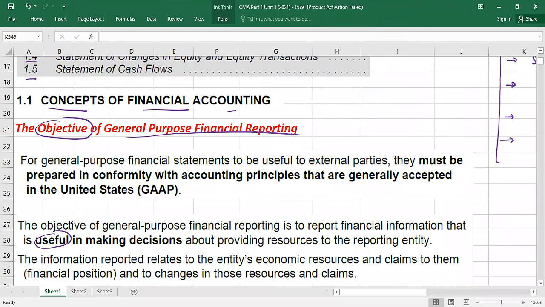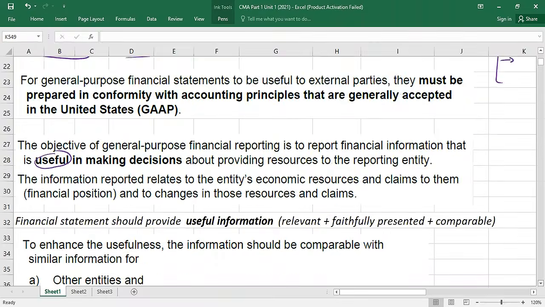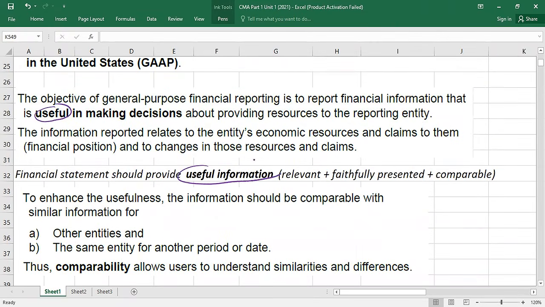To whom? To the users, whoever will use. Now when we say useful information, we say these three keywords. This is the objective of general purpose financial statements. When we issue them to the public, the purpose is to provide useful information. Useful information means what? Information must be relevant to the business activity. Business activity is known as economic activity.